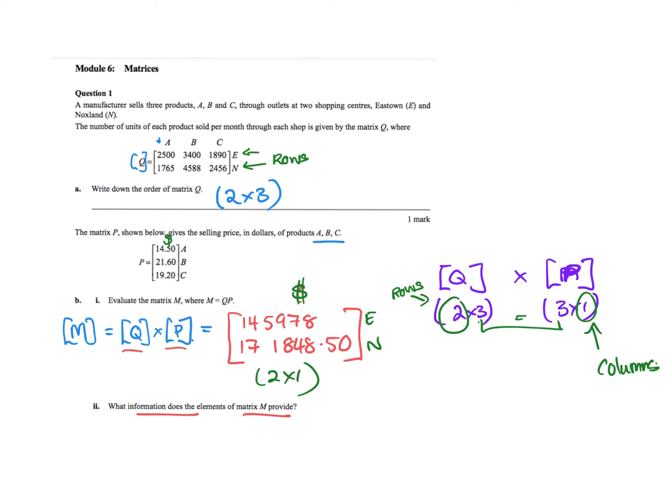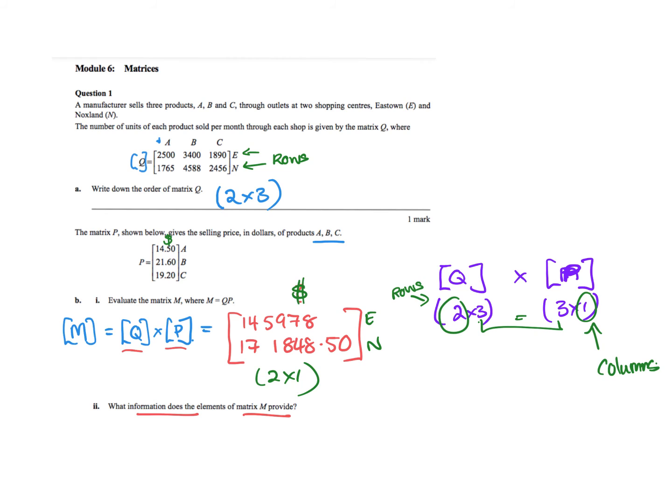So what do you think now? Now that I showed you that, what do you think that matrix M tells you? Total cash. Yeah, the total amount of sales at each shopping centre. Would you agree? Yeah, and sometimes it's very hard to work out what you did and what the answer actually is.